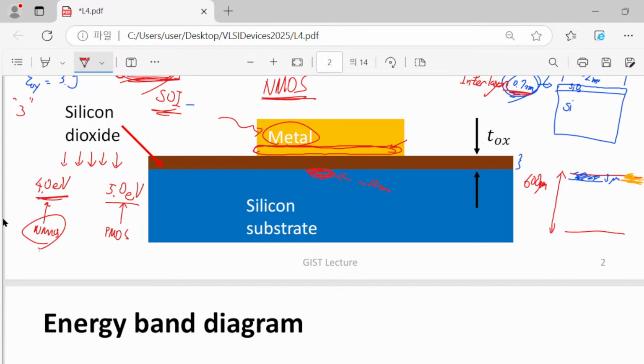But our textbook does not talk about this kind of new thing right now, because first of all we started from this planar MOSFET. In the planar MOSFET case, usually the metal is just given. We do not try to change the metal work function, and the former technique was just to introduce different doping levels for different transistors.